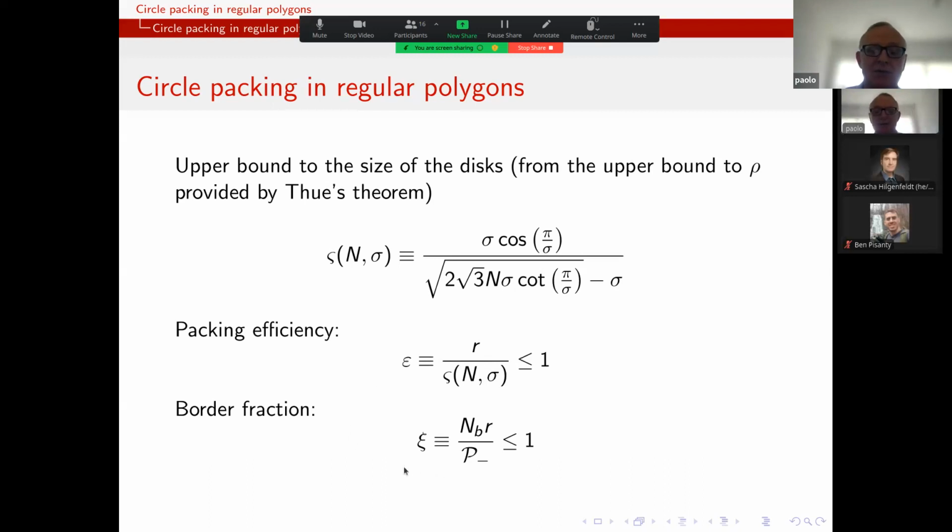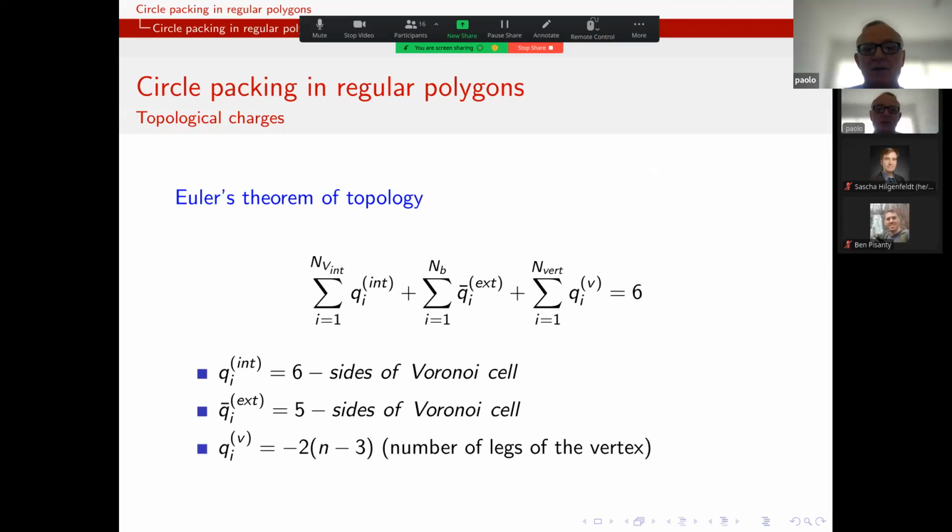And another interesting quantity is the border fraction. The border fraction tells you how much of the border is actually covered by packing, okay? It really depends on what kind of polygon you are looking at.